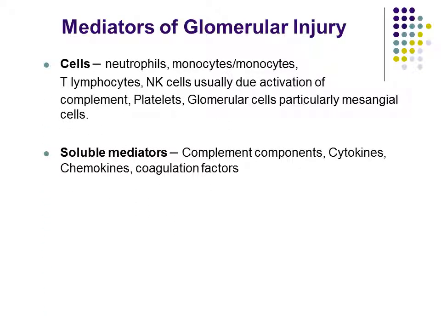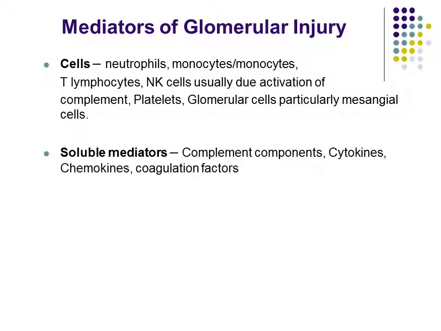So what are the mediators of glomerular injury? Cells like neutrophils, monocytes or macrophages, T lymphocytes, NK cells. These cells can cause activation of complements, or complements can activate some of these cells. Platelets and glomerular cells, particularly the mesangial cells, have an important role in glomerular injury.